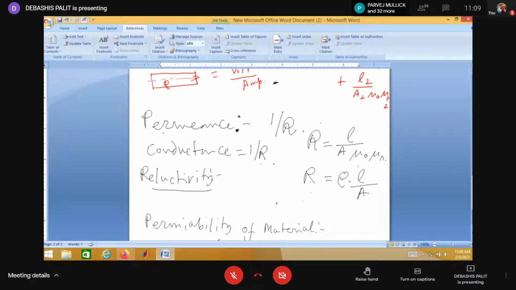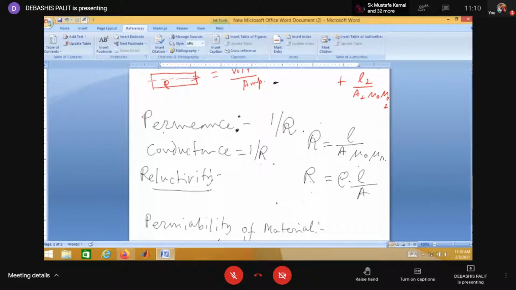Just like resistivity is also popular. Resistivity must be specified for a specific conductive material. Similarly, relative permeability is specified for each magnetic material, and absolute permeability is already defined, that is 4 pi into 10 to the minus 7 Henry per meter.